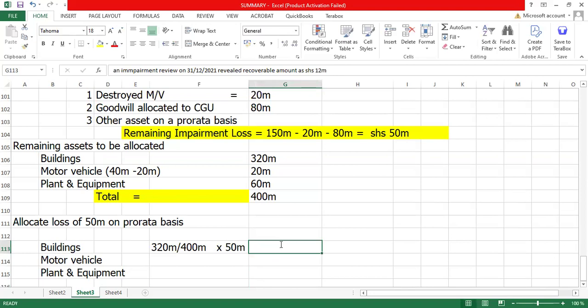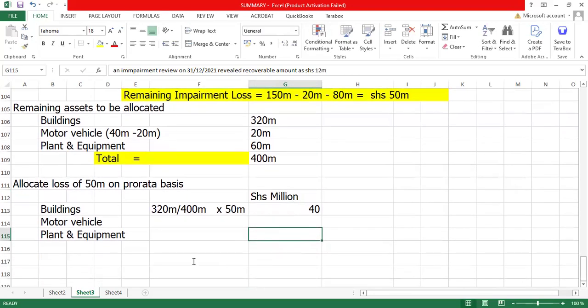So it is 320 over 400, then times 50. My figures are in shillings, in millions.